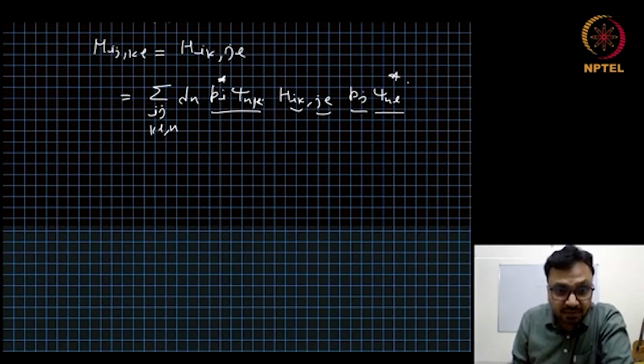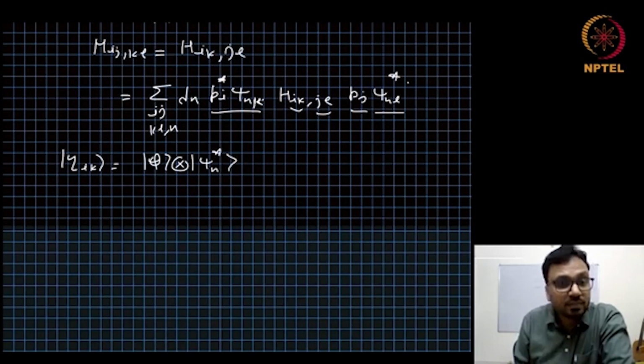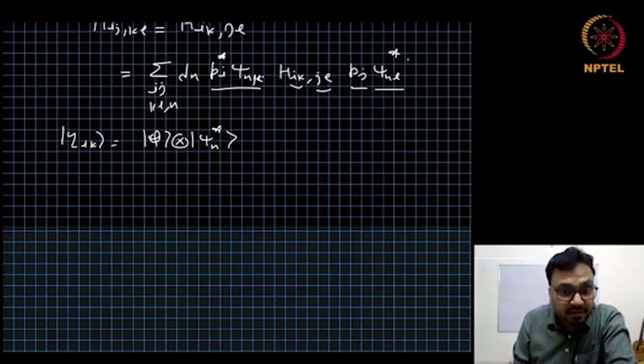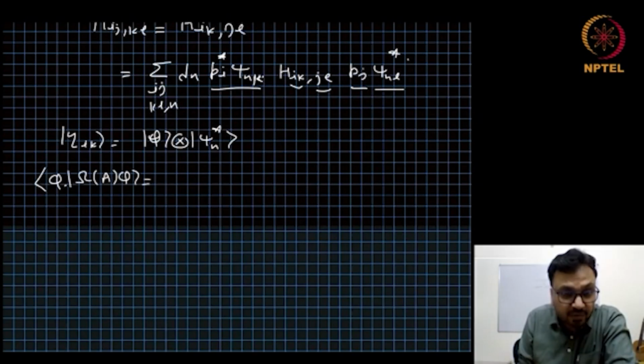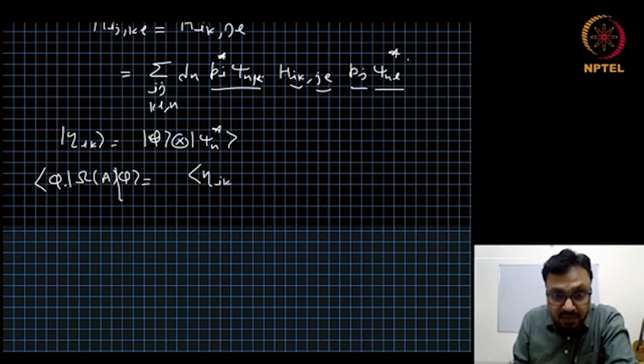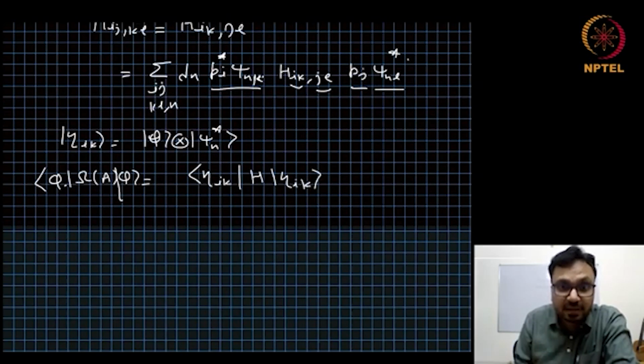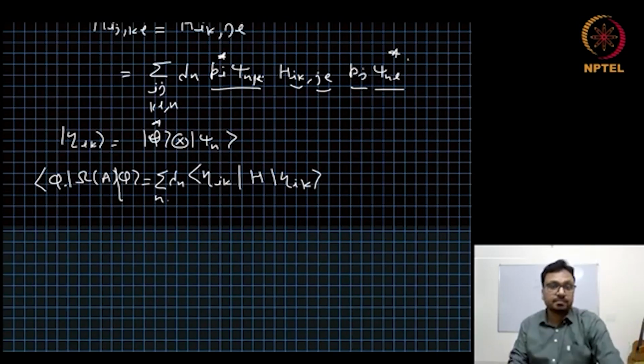So if we define a vector eta ik, which is phi tensor psi n star, then we can write the previous equation, phi of omega of a phi, as eta ik star H matrix eta ik, sum over n, lambda n.